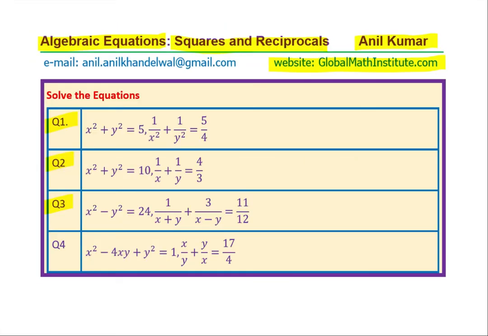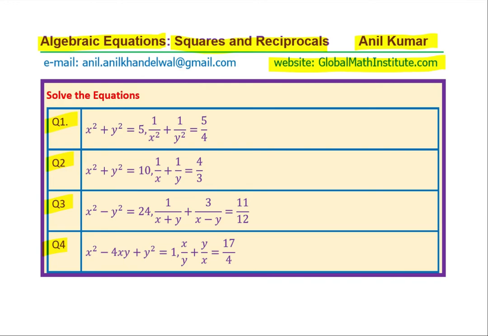And now, in this particular video, we are going to look into the solution for question number 4, which is x squared minus 4xy plus y squared equals 1, and x over y plus y over x equals 17/4. You have learned a lot of strategies to solve similar questions.